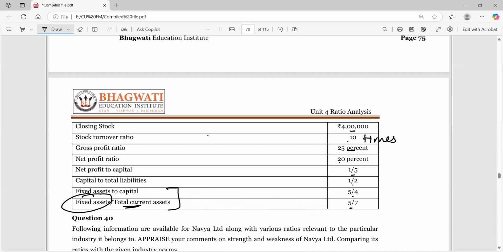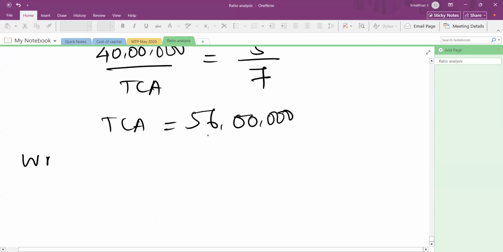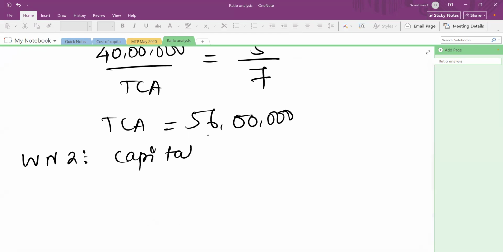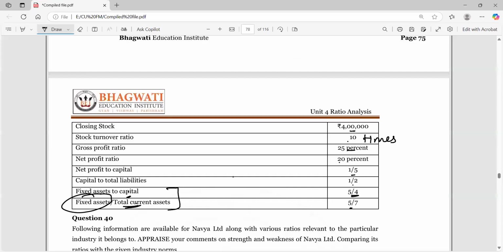Now, we have fixed asset to capital. So we can do this as a second working note. Working note number 2, capital. Calculation of capital. Working note 2. Capital amount. Fixed asset to capital is how much? 4/5. Sorry, 5/4.